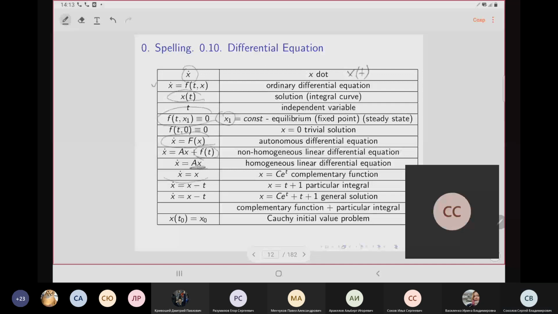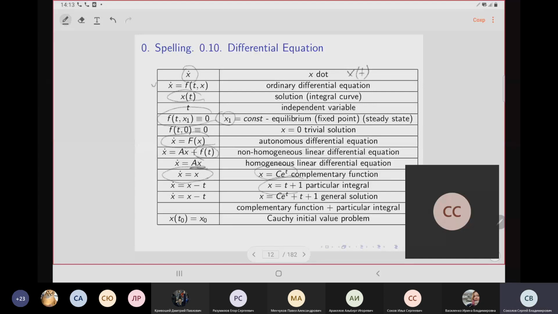For the equation x dot is x, the general solution is called a complementary function. It is the set of functions with some variable c. This set is called the complementary function.